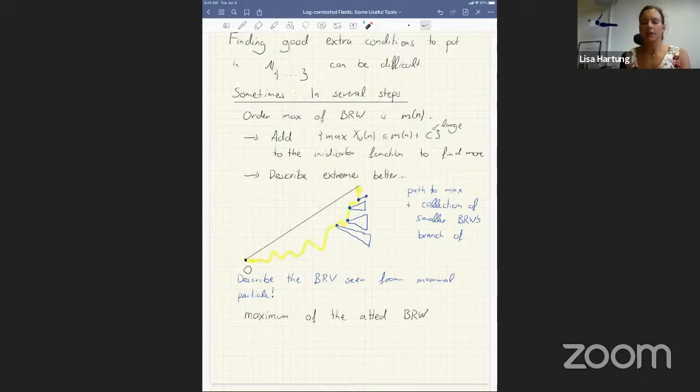But even if I would just have picked something that's close up there, I could always have said that these maxima of the attached branching random walks plus their starting point, so plus the value where they branch off from this yellow path, need to be smaller than the total maximum.